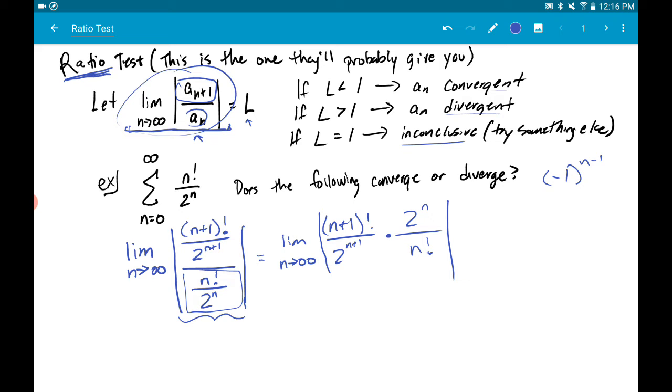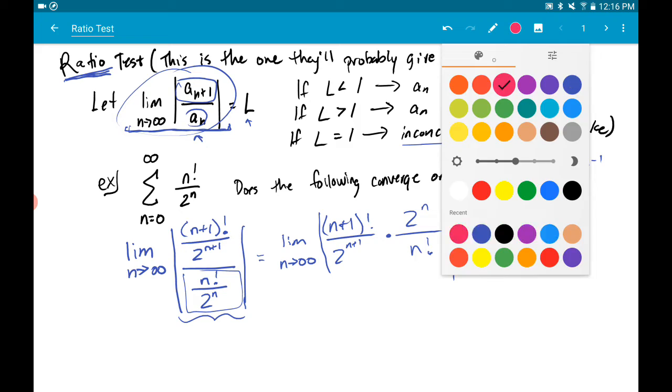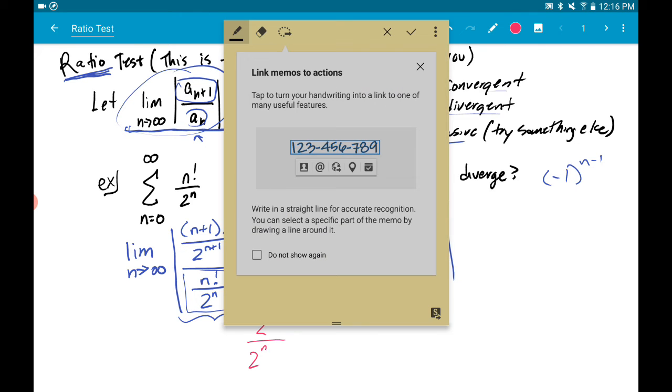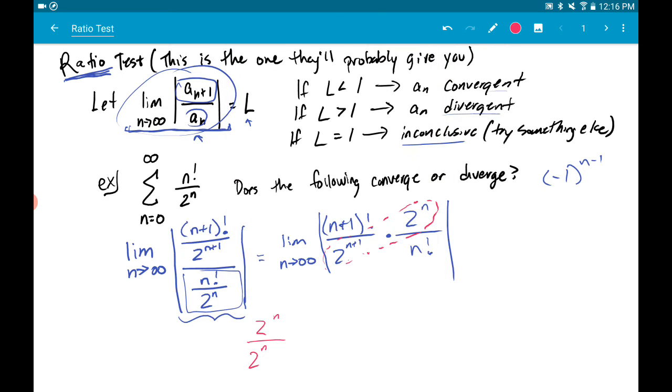And so I'm going to start grouping together some of these terms. One thing I usually ask students is, how many 2's are on the top and how many 2's are on the bottom?